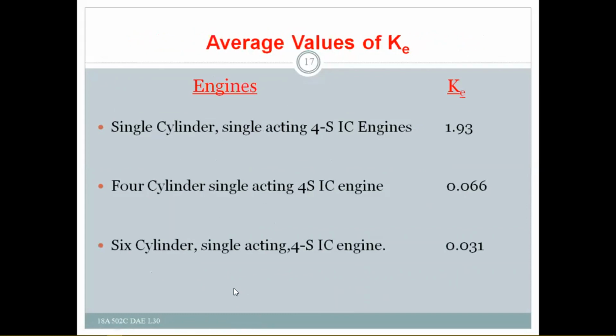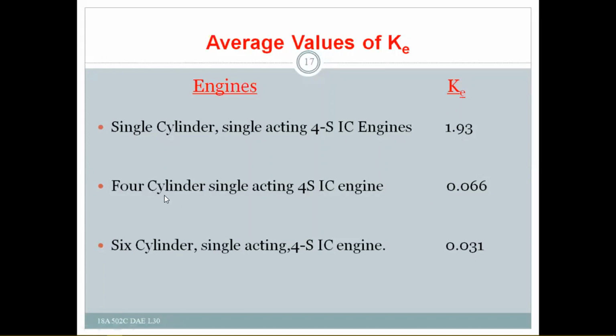Now let us see the average values of the coefficient of fluctuation of energy for various engines. For single cylinder, single acting, 4-stroke IC engines, the coefficient of fluctuation of energy is 1.93.